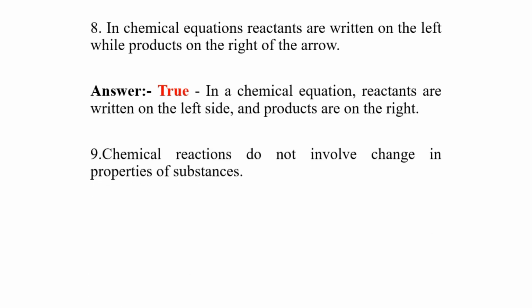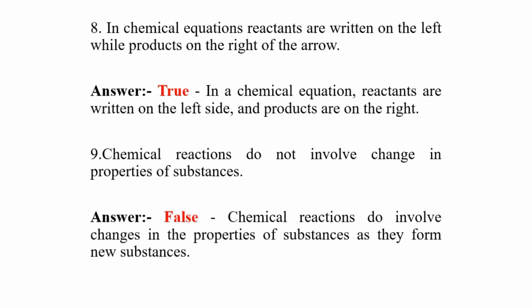Question number 9. Chemical reactions do not involve change in properties of substances. The answer is false. Chemical reactions do involve changes in the properties of substances as they form new substances.